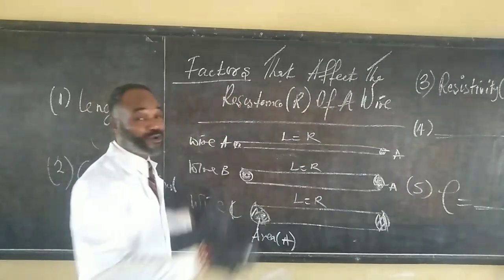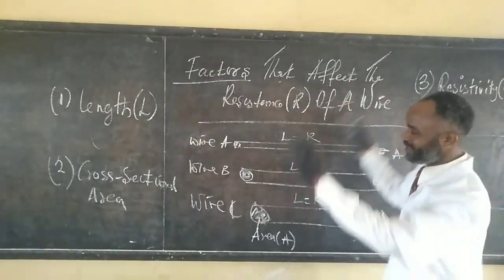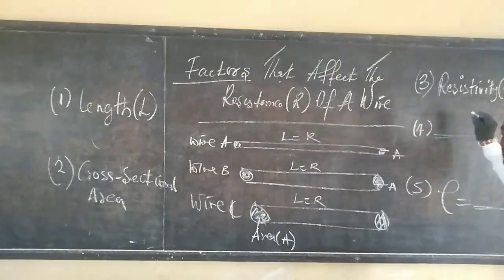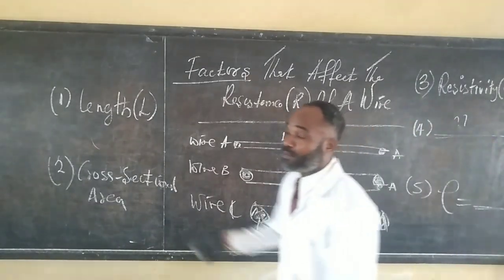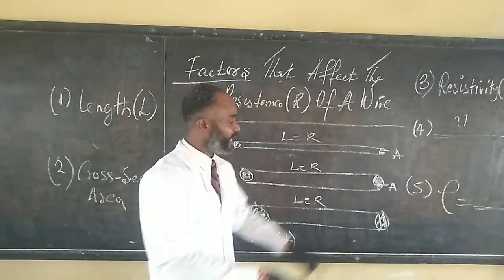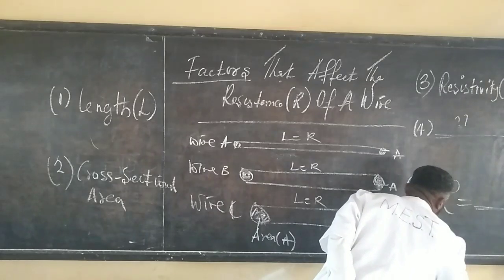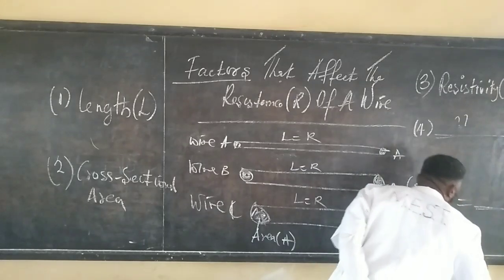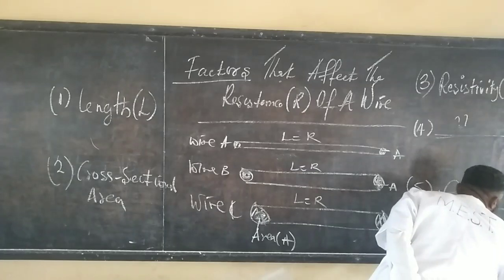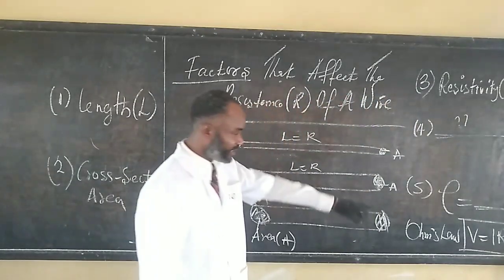These are the physical factors that must remain constant for Ohm's law to hold. And Ohm's law is given as V equals IR. Can you see that? Resistance is mentioned there.